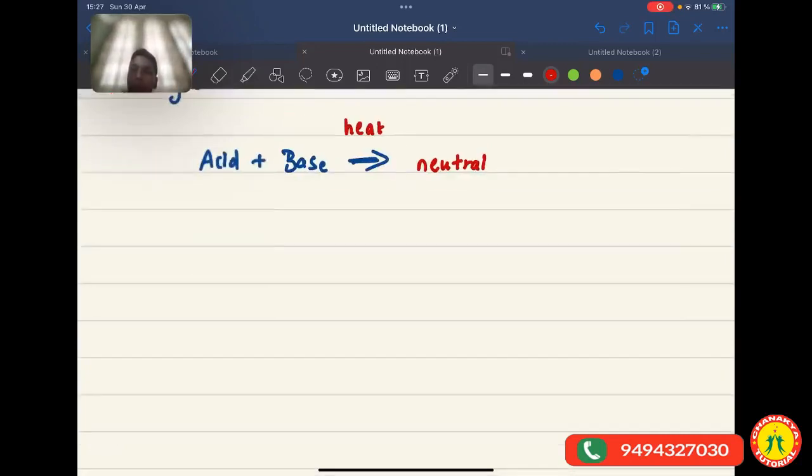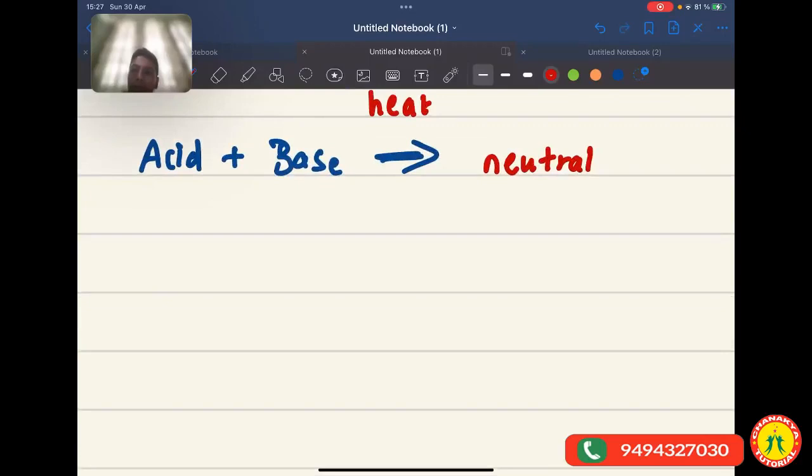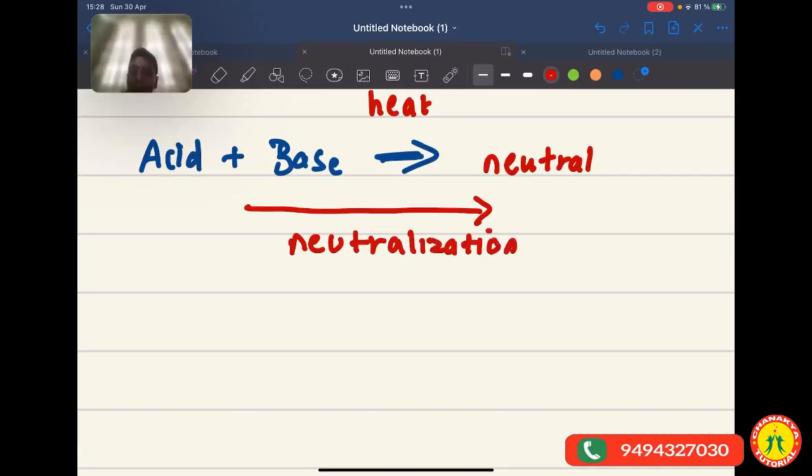So the process here is called neutralization.